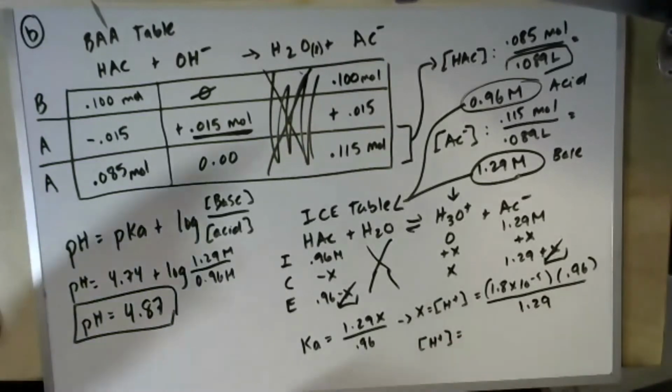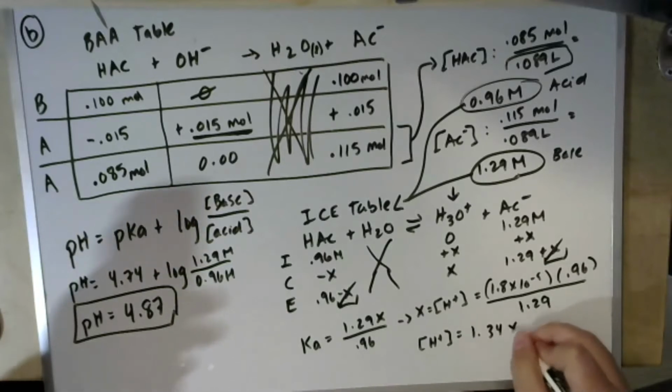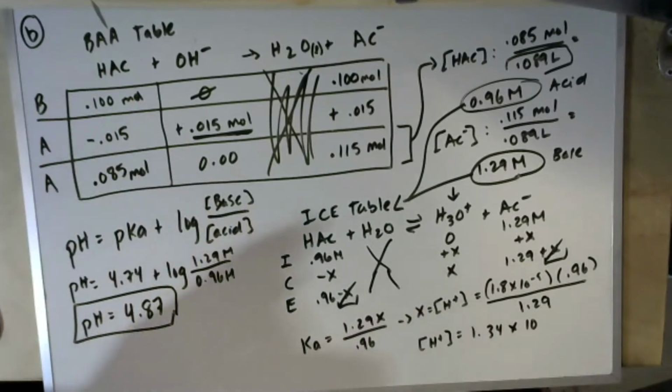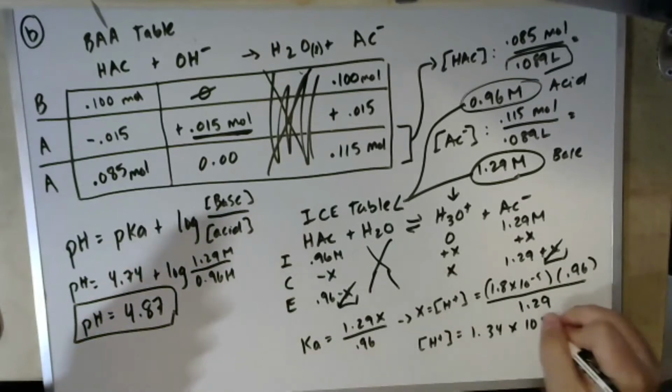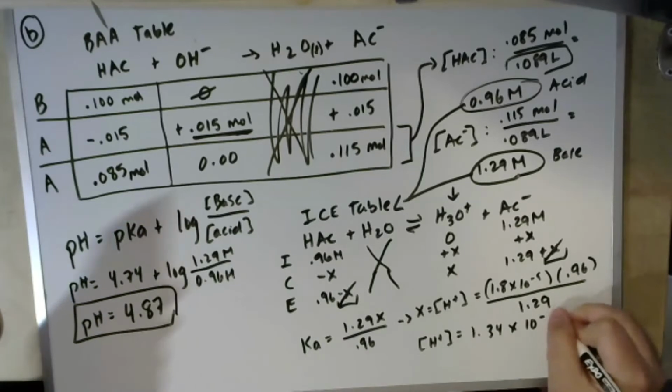So our H plus is going to be 1.34 times 10 to the negative 5.